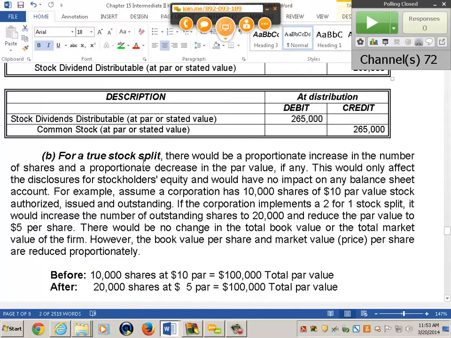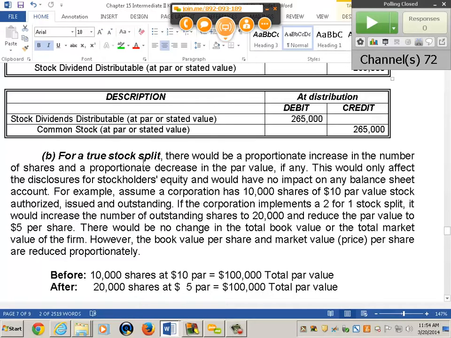That's not the only reason. The other reason for it is sometimes thought of as a signal, just like a stock dividend is a signal, because now if dividends go up even by a penny, you have to pay on twice the number of shares. So that it signals that management has higher cash flow expectations, and the market generally reads that as a positive signal, and the stock price tends to tick up after the split, usually.